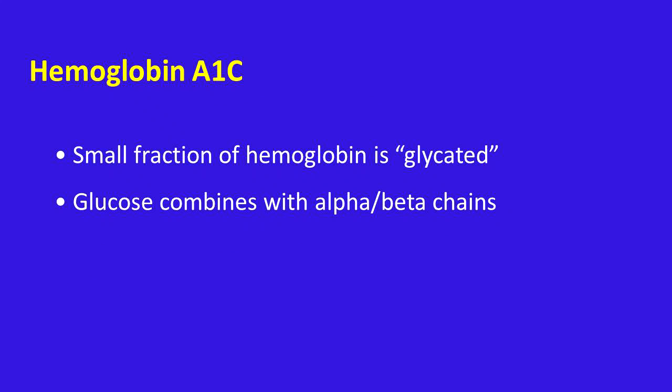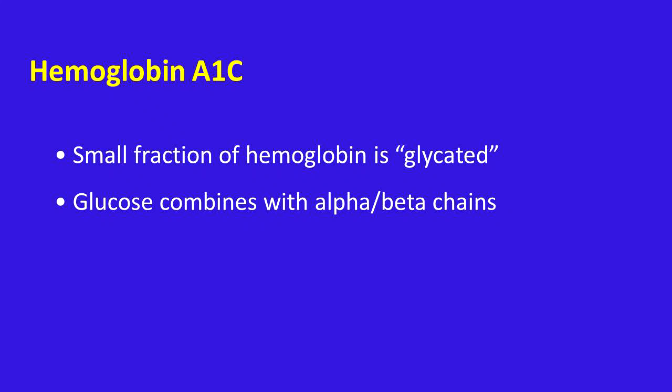Another term we should understand is hemoglobin A1C. This is used very commonly in clinic. In diabetic patients, a very small fraction of hemoglobin is glycated. That means glucose can bind to the alpha or beta chain of the hemoglobin, but only in a very small portion.